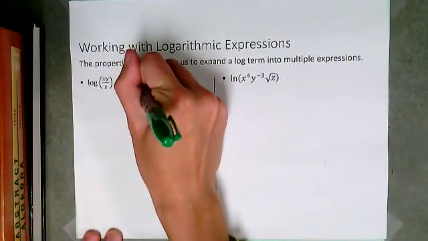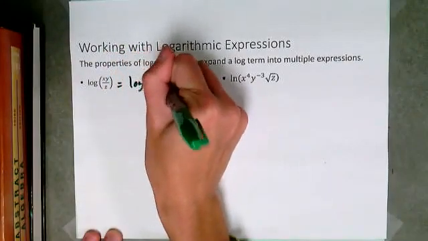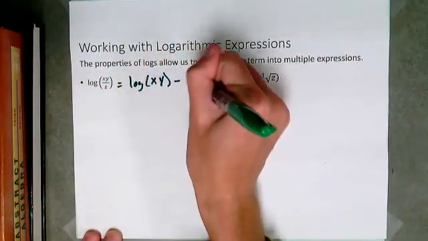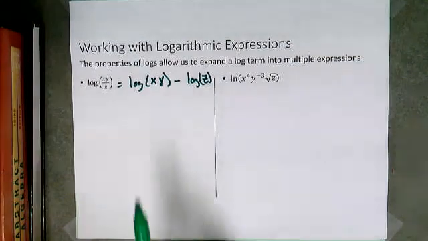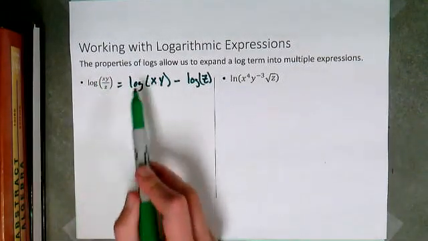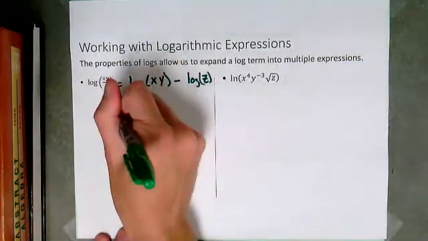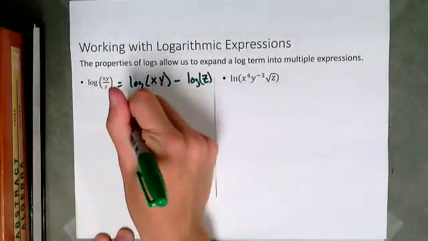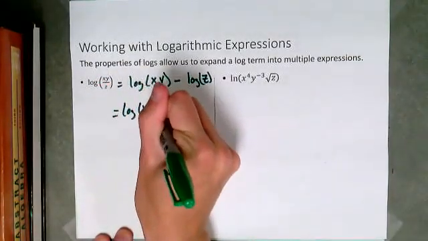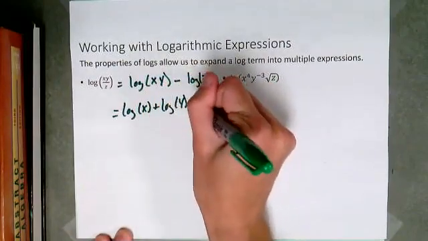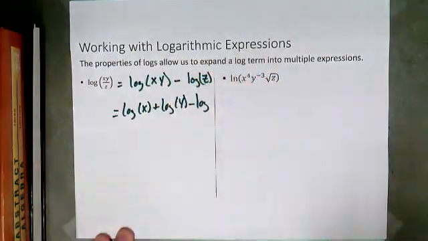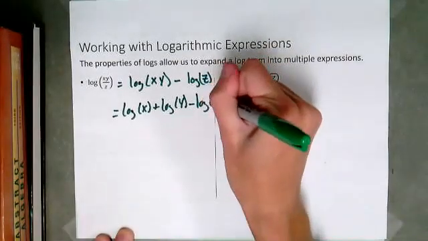This becomes log of xy minus log of z. Okay, so technically if you wanted to, you could have broken these two up first, but this is equal to log x plus log y minus log z.